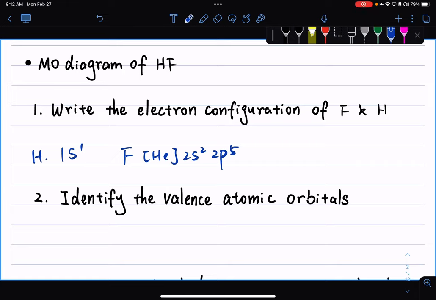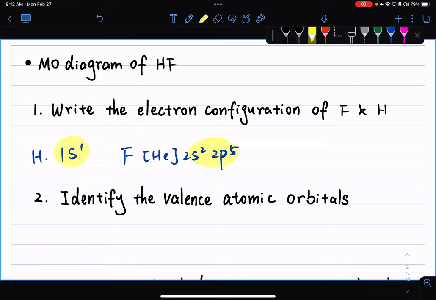So the valence atomic orbitals that we need to include in our correlation diagram are the 1s1 for hydrogen and the 2s2, 2p5 for fluorine. I'm just going to draw it on the document camera here if you want to draw it with me. This one is more vertical, I think it works better.